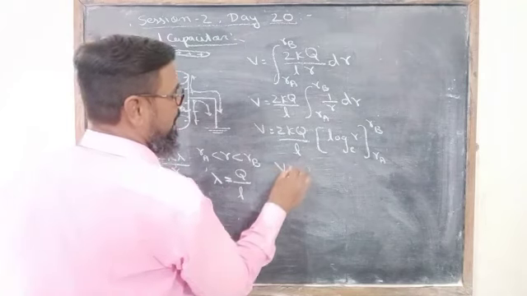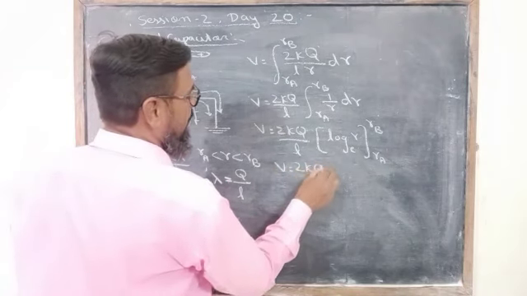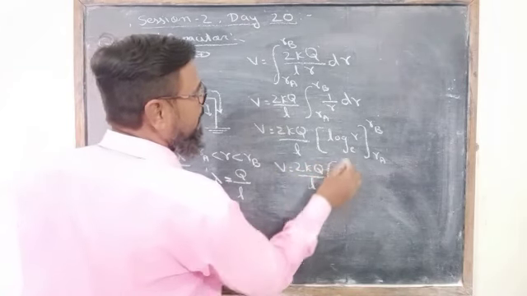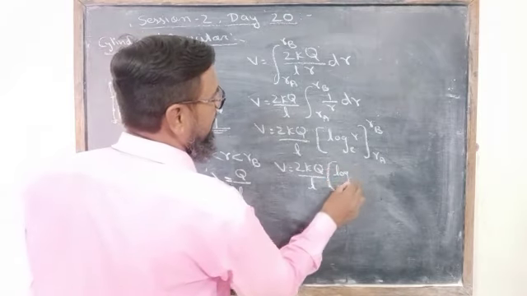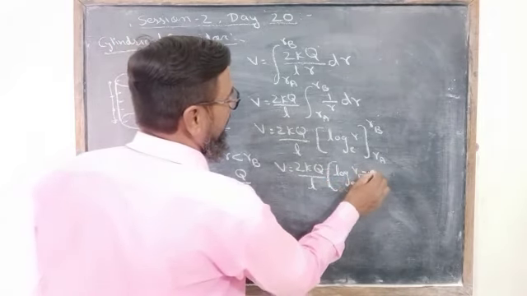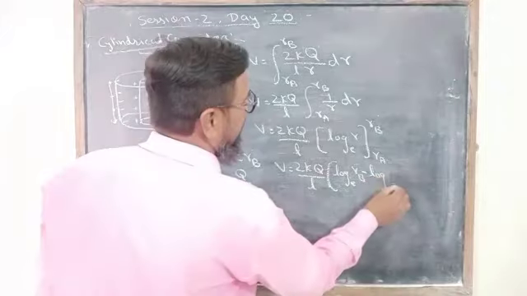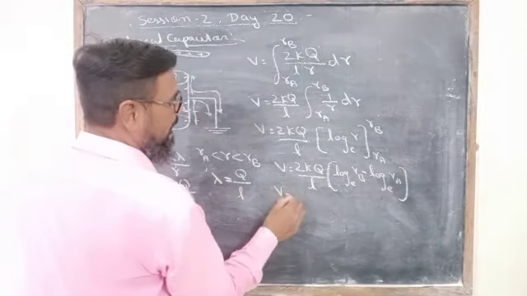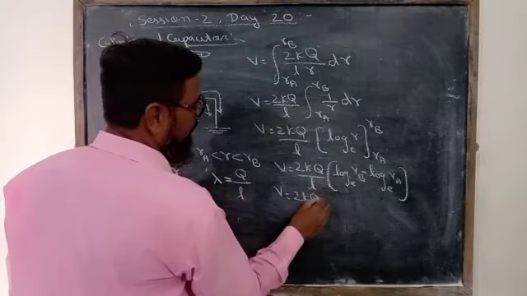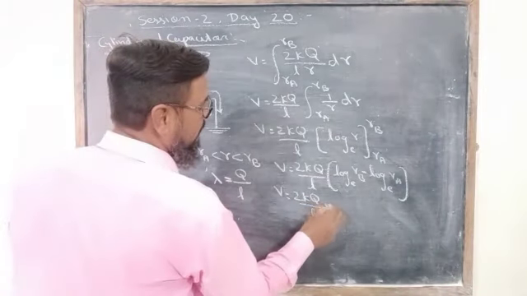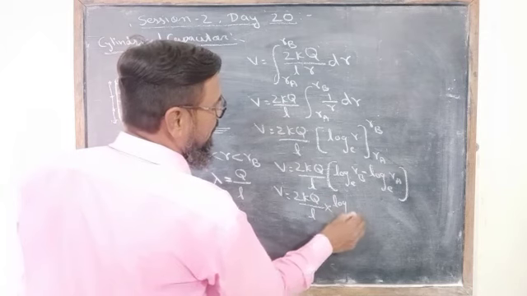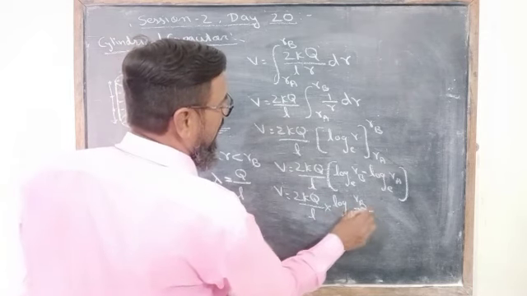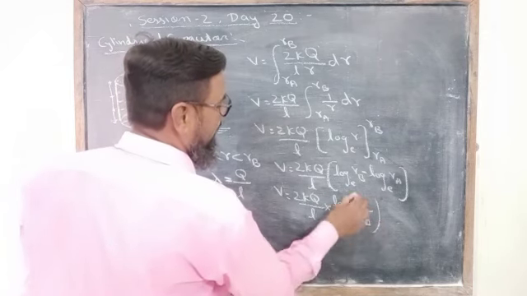Now V is equal to 2KQ upon L into upper limit RB minus lower limit RA, and V is equal to 2KQ upon L into log base E RB upon RA.